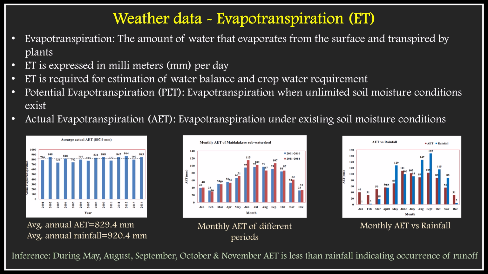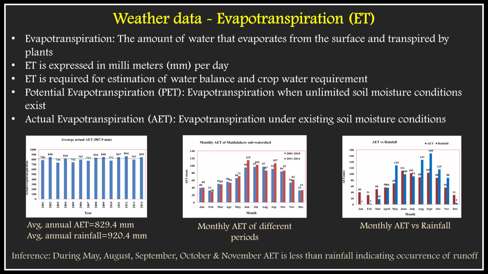We consider two types of evapotranspiration, that is, potential ET and actual ET. Potential evapotranspiration means the ET that takes place when unlimited moisture condition exists. Actual evapotranspiration means ET that takes place under existing soil moisture conditions.